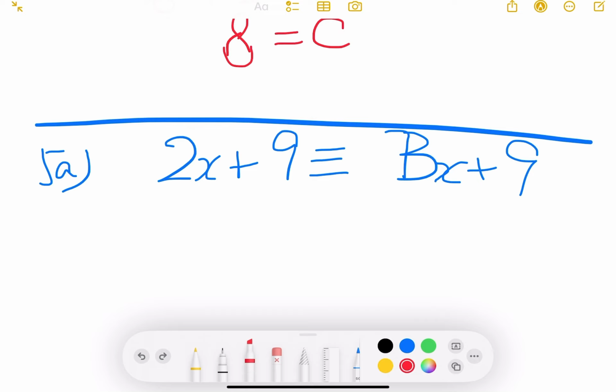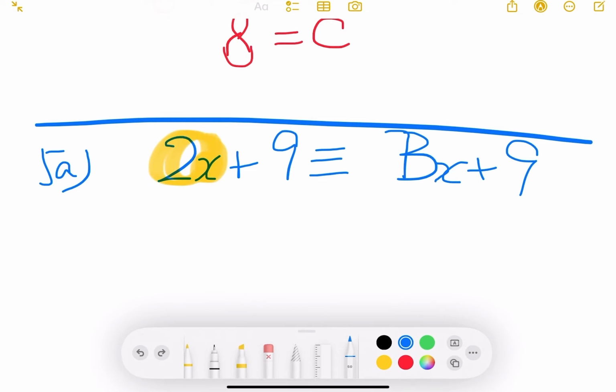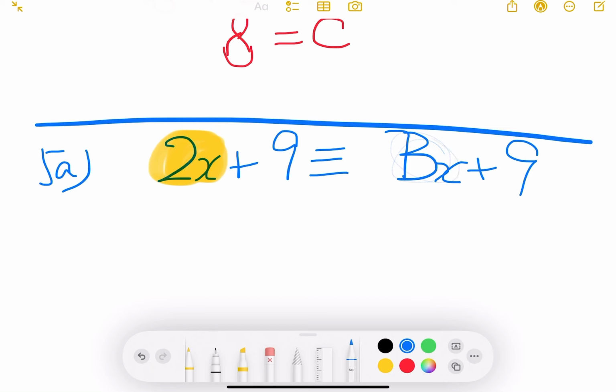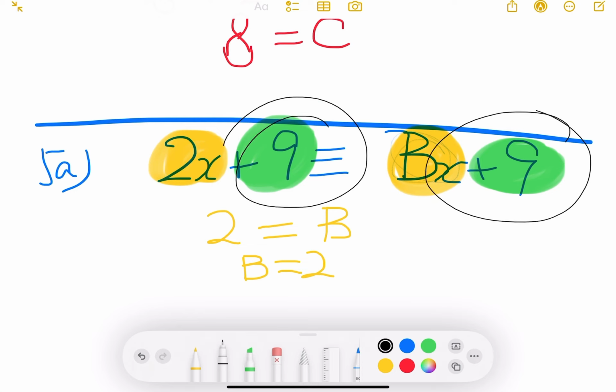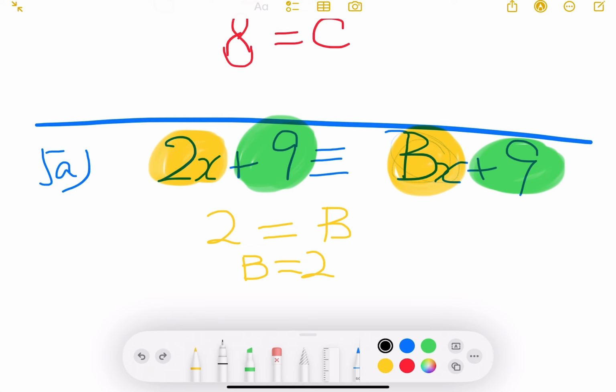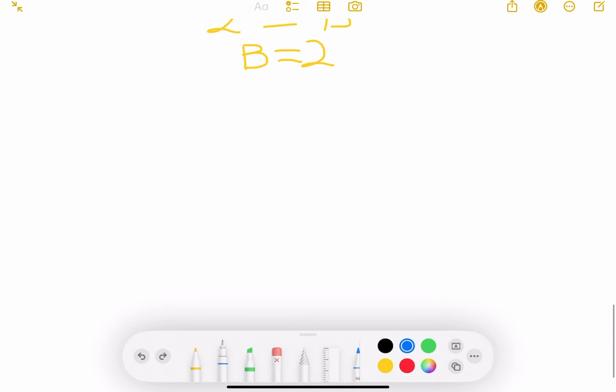So everything related to x will be equal to each other, and the unknowns, meaning the ones without any x or x squared, which we call constants, equal each other. For the things with x, on the left hand side we have 2, on the right hand side we have b, so b equals 2. How about the 9? Do we have to do anything? No, because 9 equals 9, so nothing to do with it. So next question.